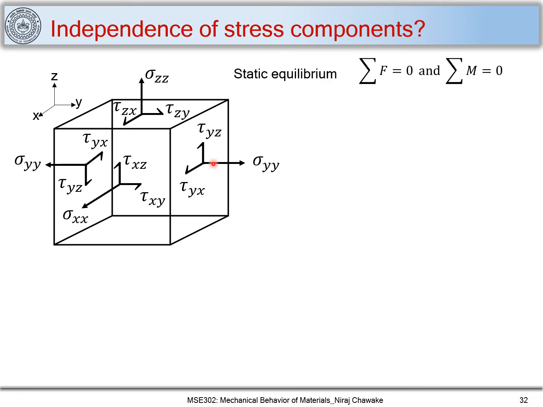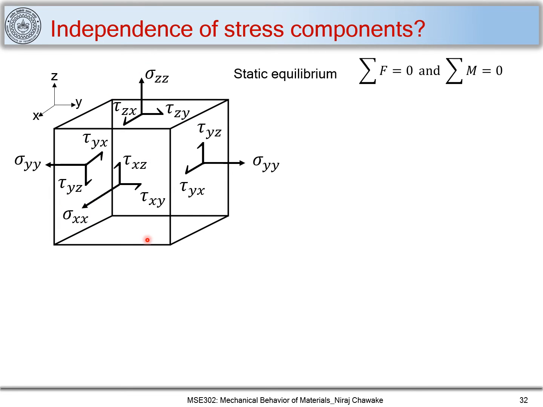You can see that sigma yy is acting on this y plane along y direction, and it is also acting on the negative plane, so they balance each other. Similarly, you can do it with sigma xx and sigma zz.